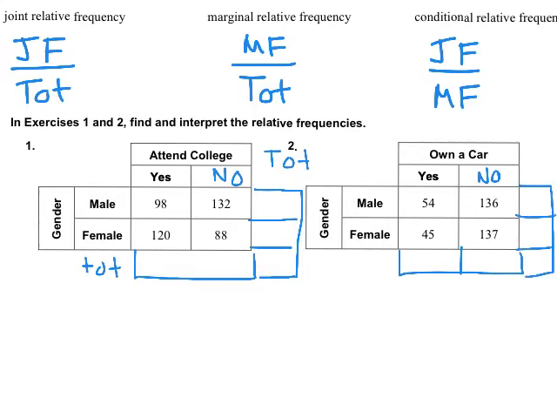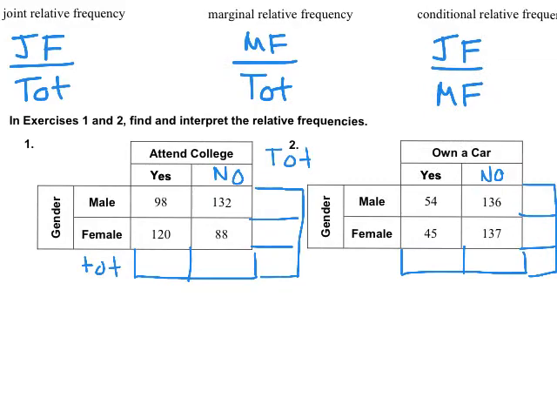Okay. So once you fill in your totals, then we need to get a couple. So it says to interpret the relative frequencies. Okay. So if I want a relative frequency, let me ask you two things.